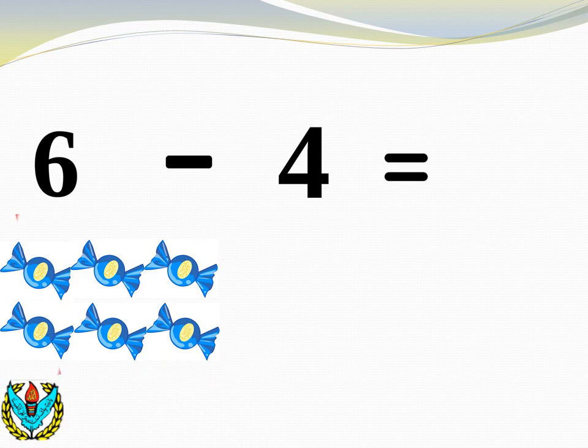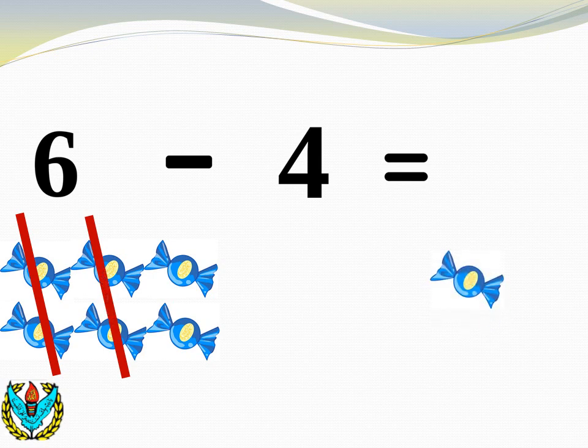We take away 4 candies. How many candies are left? 1, 2. So what is the answer? 2. 6 minus 4 is equal to 2.